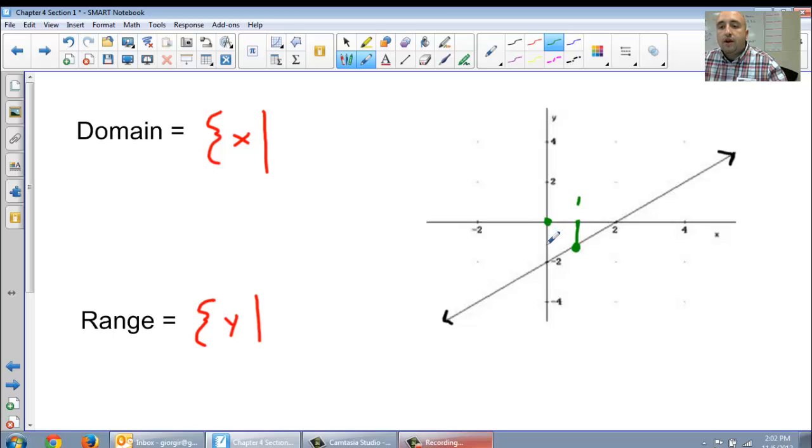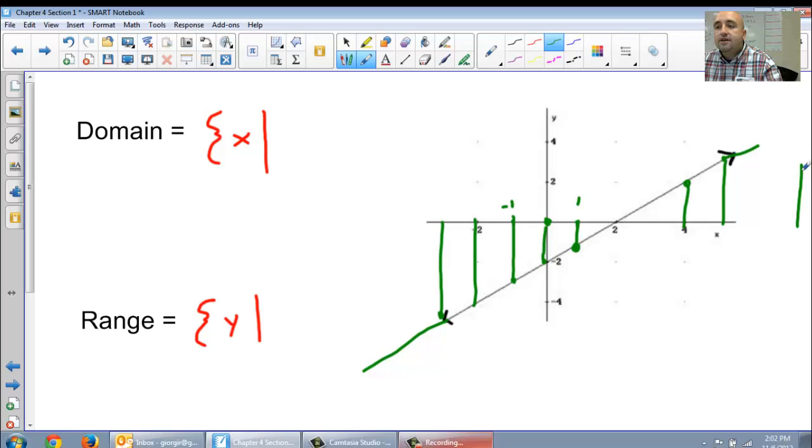If I go to 0 and I go down to my graph, it has an answer. If I go to -1, I go down to my graph, it's on my graph. -2 touches my graph. -3 will touch my graph. These arrows mean it goes on forever, so this graph keeps going on forever. If I go to 4, it touches my graph. If I go to 5, it touches my graph.